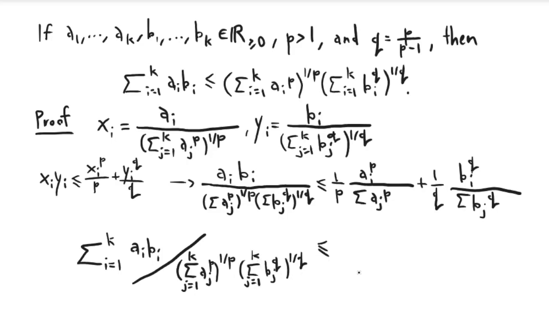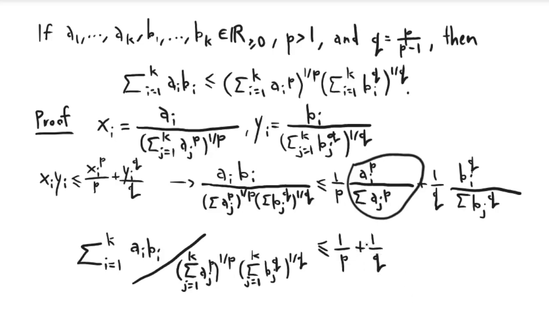And now this is less than or equal to, and notice that if we sum this expression right here over all possible choices of i, we just get 1, because the thing on the top cancels with the sum on the bottom. And then likewise for this expression. And so this is just 1 over p plus 1 over q.